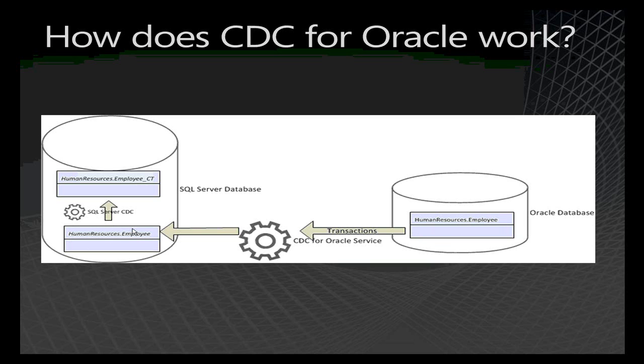For instance, it creates a mirror table called human resources.employee from the source table, which is called human resources.employee from your source Oracle database. It then enables SQL Server CDC on those mirror tables. After that, it just syncs the transactions between the source Oracle database to the destination SQL Server database and uses the SQL Server CDC to capture changes from the mirror tables.